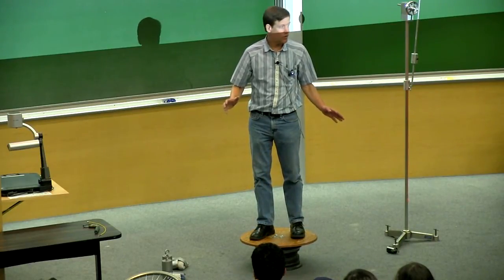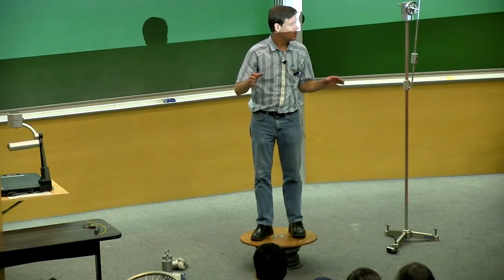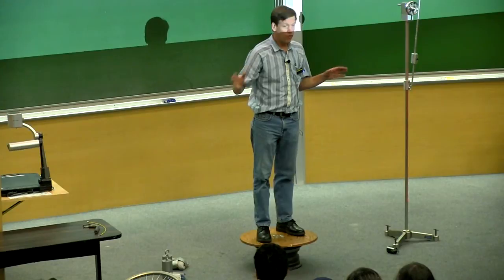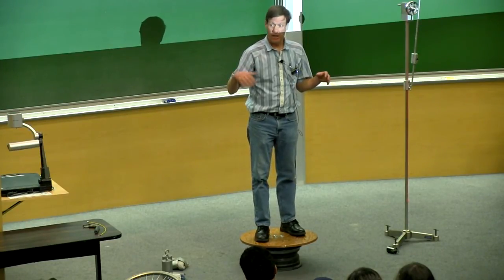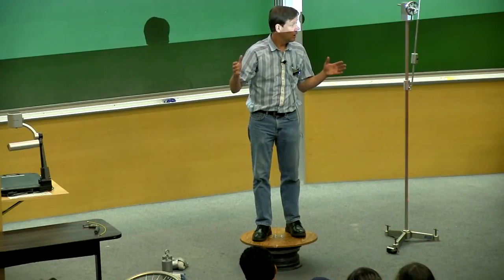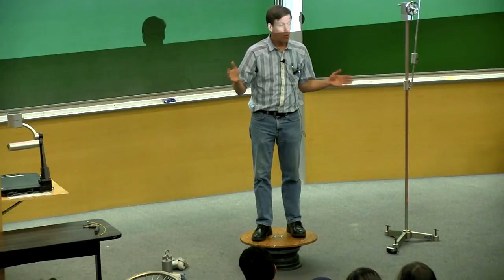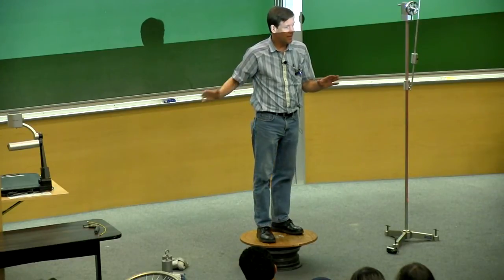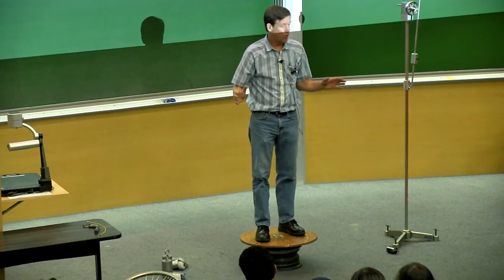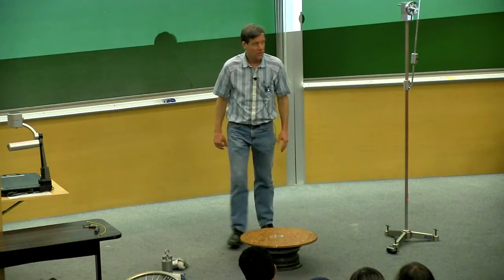Remember, for conservation of momentum, the condition for conservation of momentum was no external forces. The condition for conservation of angular momentum is no external torques, because torques are analogous to forces. So no external forces. I mean torques. So once I stand on this thing, I can be in an isolated system with no external torques. That will mean that angular momentum will be conserved.